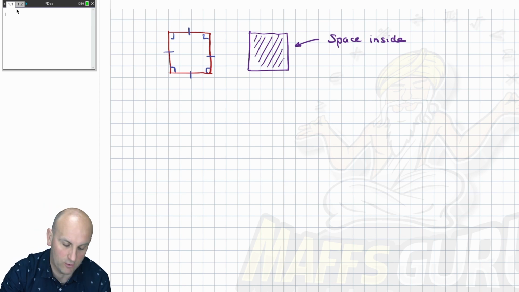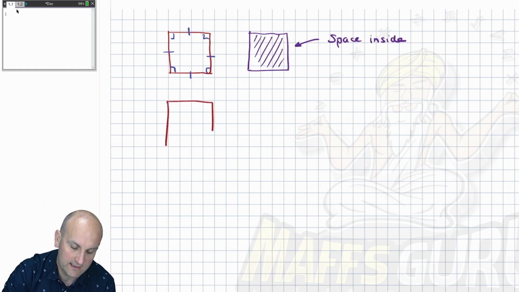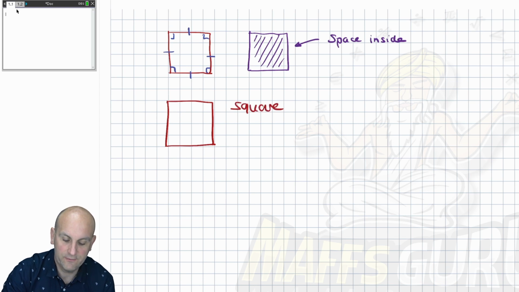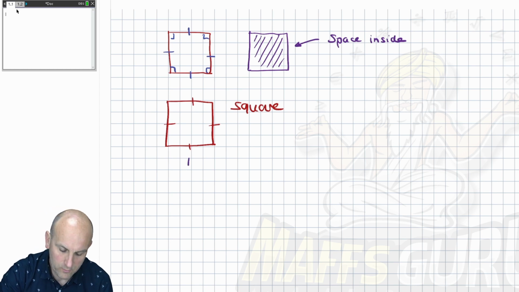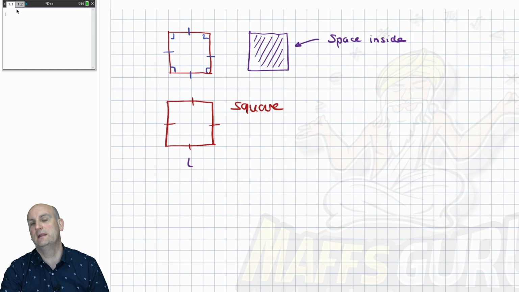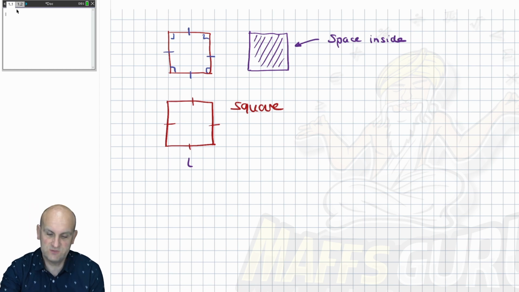So let's look at the area of basic shapes. So here, ladies and gentlemen, is, we will say, a square. Now, the thing we know about the square is all of the side lengths are exactly the same. Most maths teachers will call that L. The problem with the letter L is it looks very similar to a 1, so I'm not going to do that.